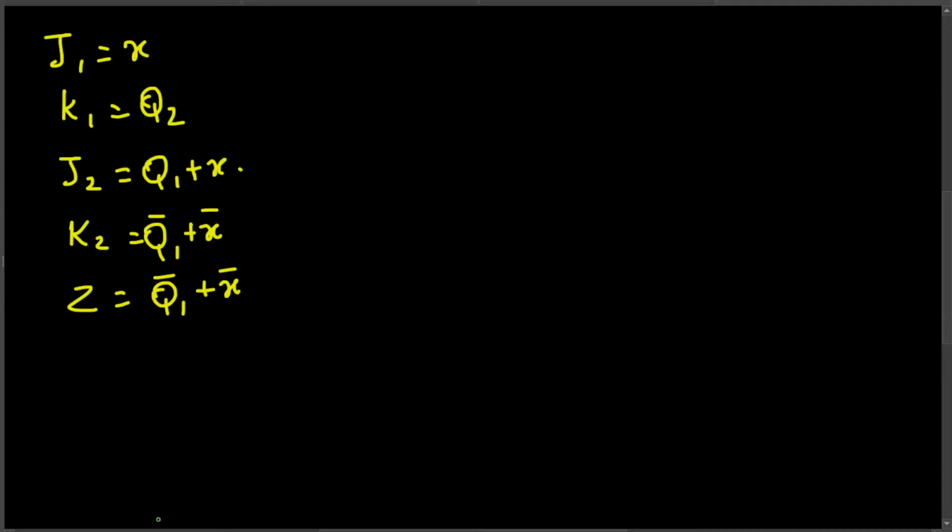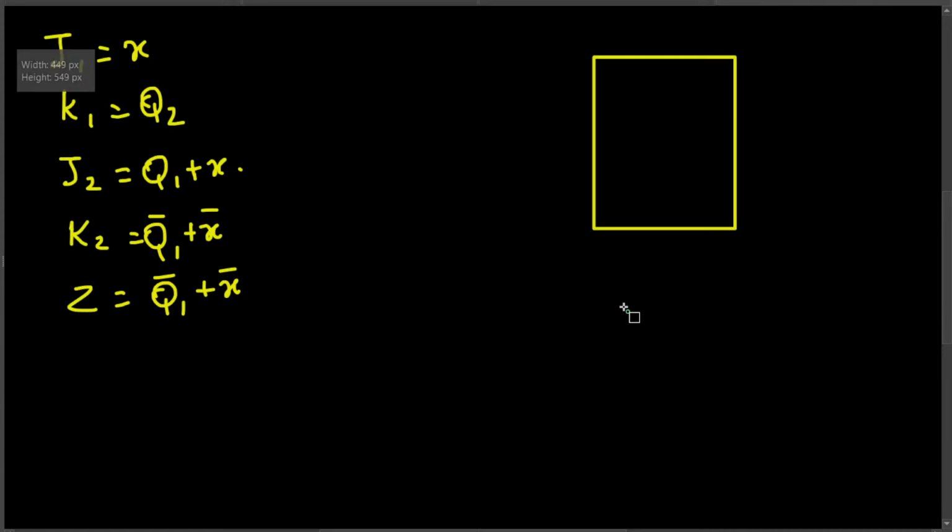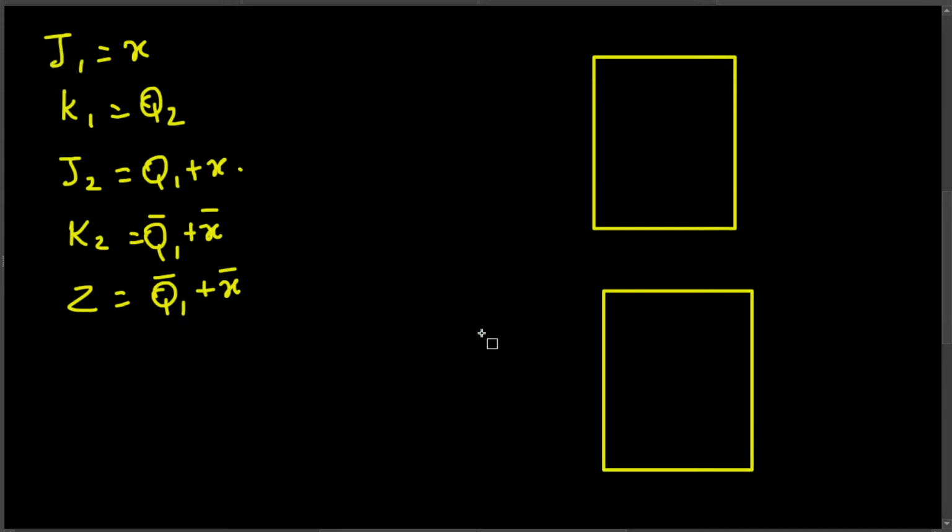Okay. Now here we are going to take two JK flip-flops. Let's store the JK flip-flops, one here and the other one here. And JK flip-flops come with J1, the JK input.